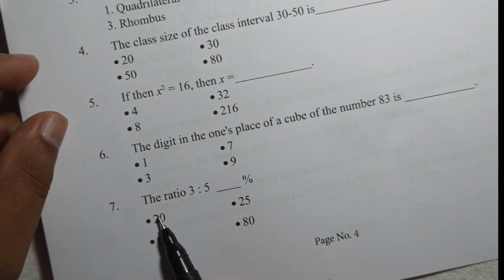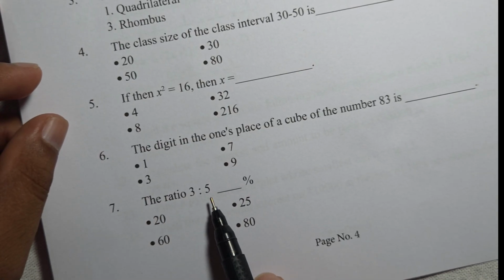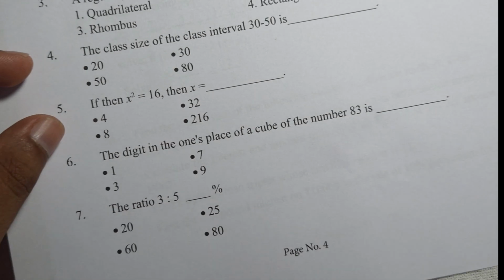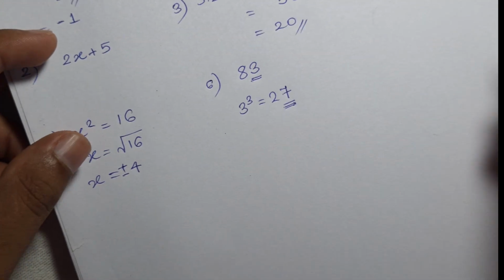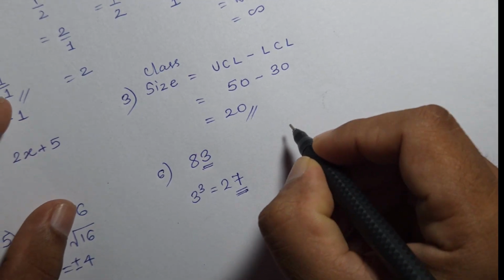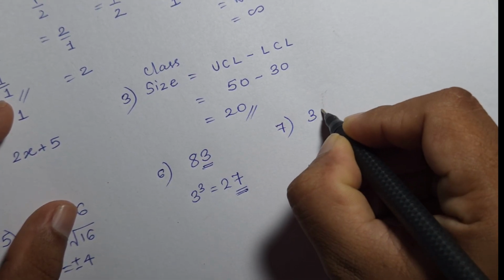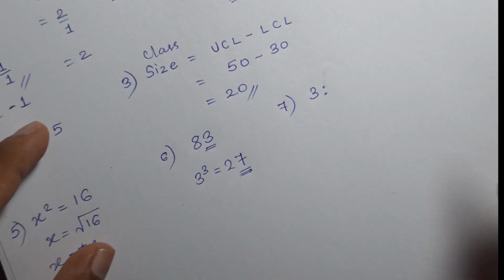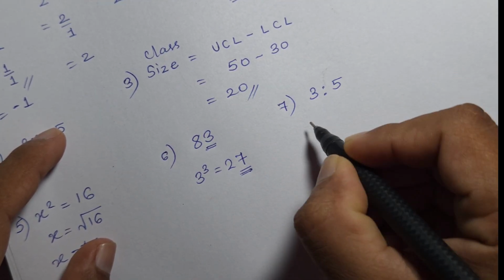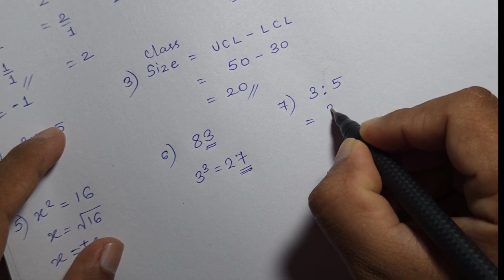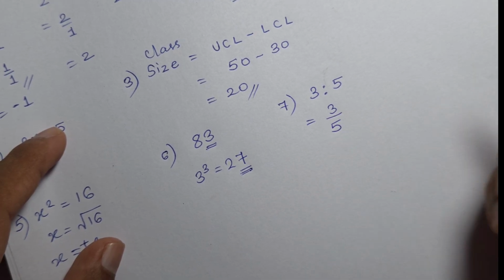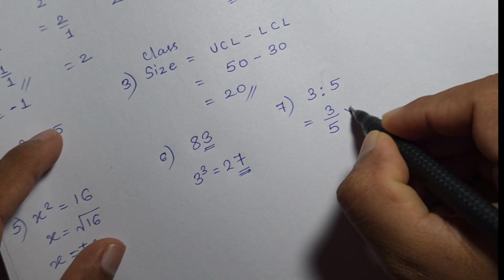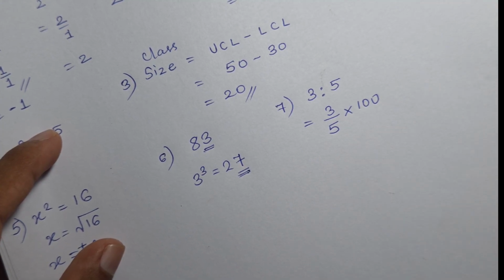So the ratio 3:5 is how much percent? Okay, this is seventh one. 3:5. So 3:5 can be written as 3/5, and whenever I am finding percentage, I will multiply by 100.